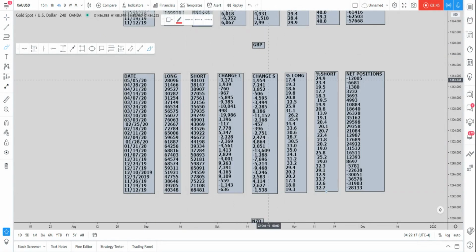What we can see is that overall hedge funds were opening massive short positions. First, 3.8k shorts, another 7.2k shorts, another 1.9k shorts, and closing thousands of long positions, bringing net positions from the positive 35k that we had all the way down to the negative minus 12k net positions. So GBP definitely getting very weak.